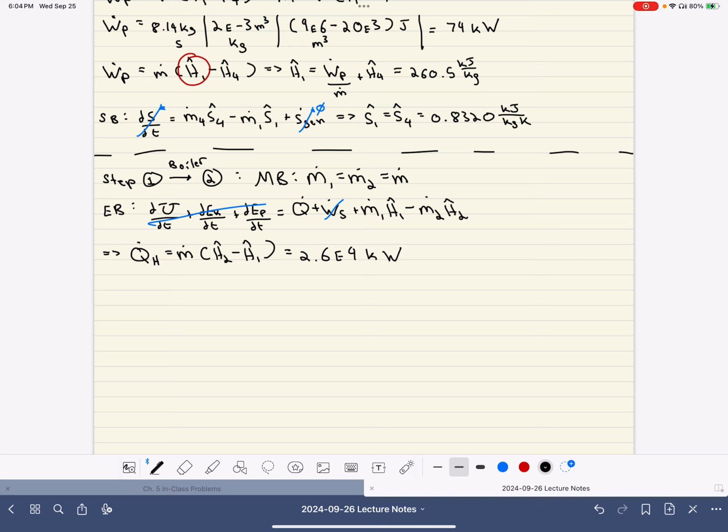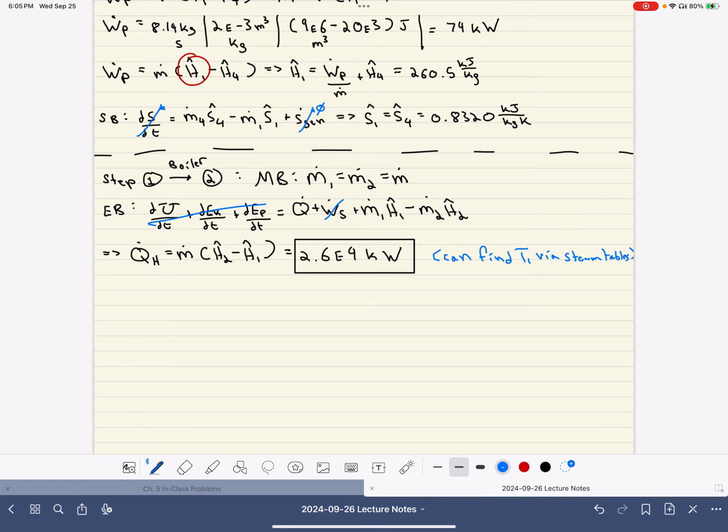All right, so we have that value for QH. And I won't go over it here, but if you really wanted to know what the temperature of stream 1 is, you could use the steam tables to do that. That's not necessarily necessary for this problem.